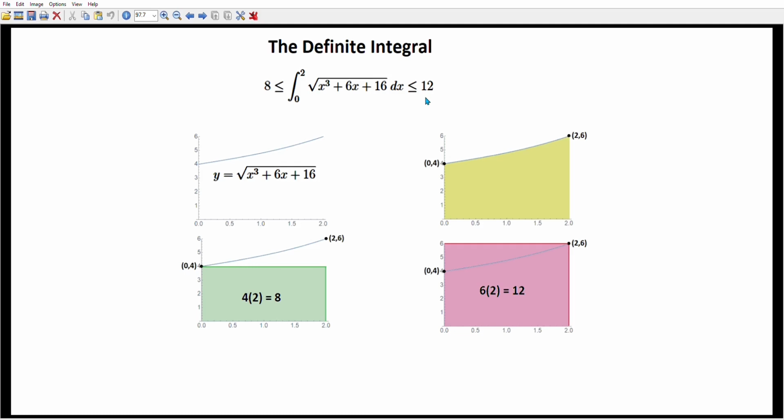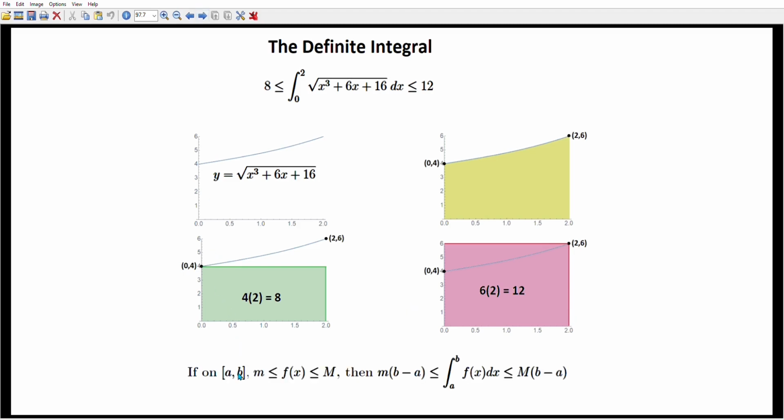And this is a general principle here. If you've got a function and you know where the low point is and you know where the high point is, the definite integral under the function between those 2 points is going to be low point times length of interval, and it's going to be less than or equal to high point times length of interval.